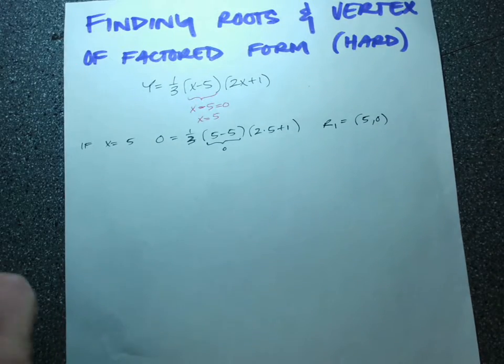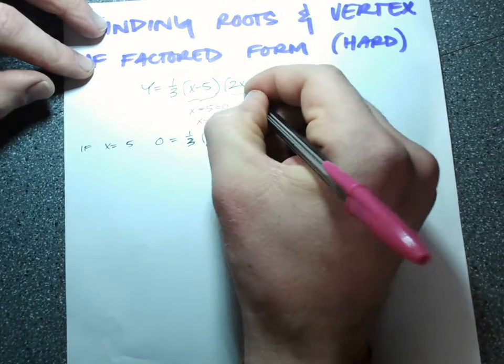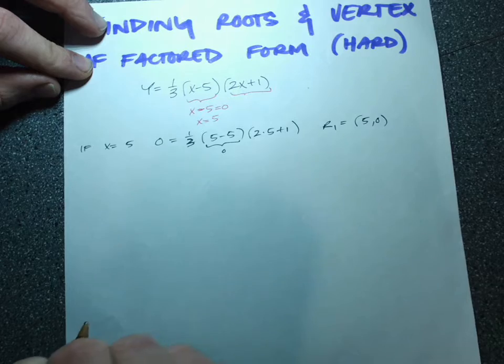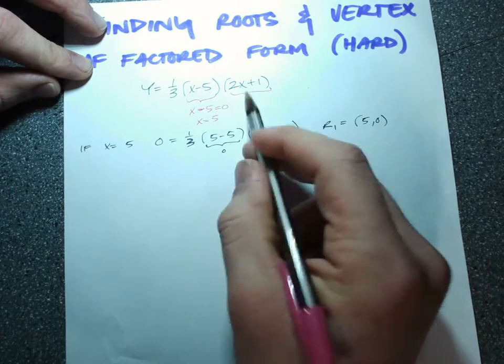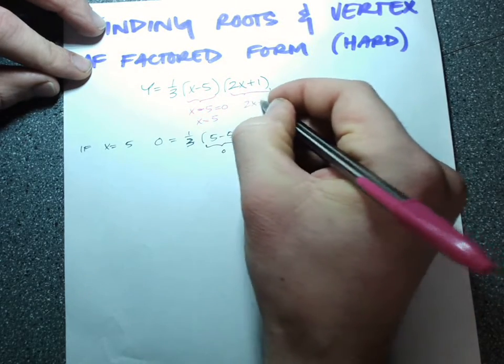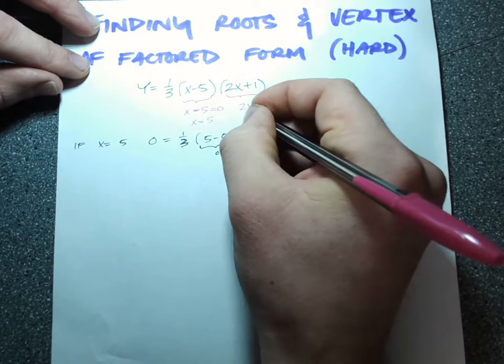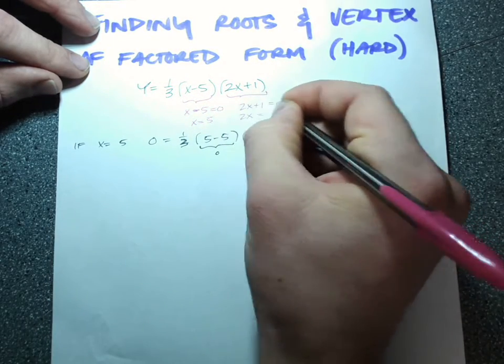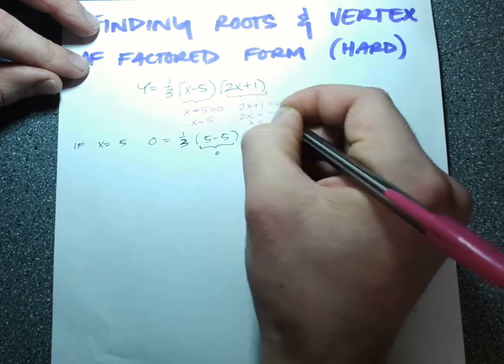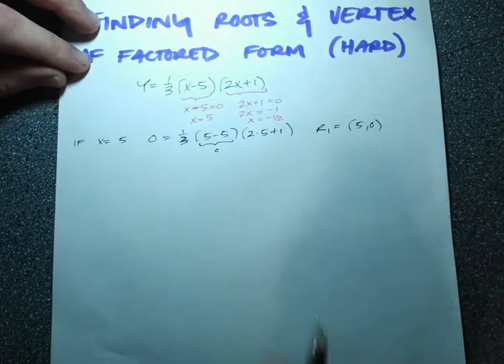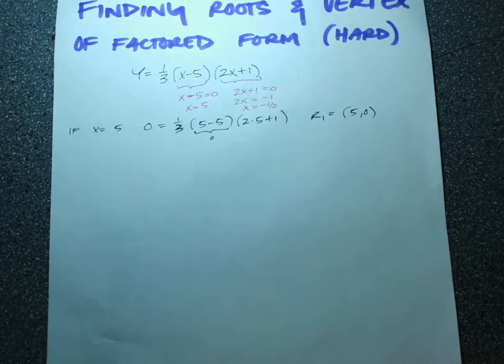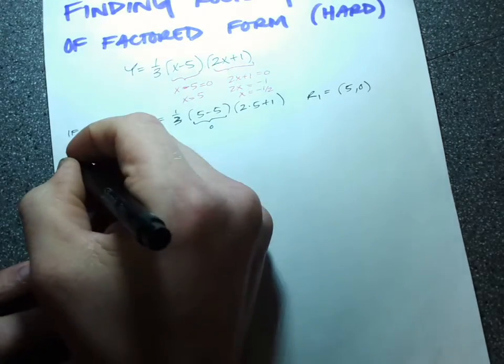And the second root comes from the second factor, this one. We will figure out what value of x would produce 0 for this factor by setting 2x plus 1 equal to 0 and solving. So 2x equals negative 1, and x is negative half or negative 0.5. It's probably easier to do that as a decimal.